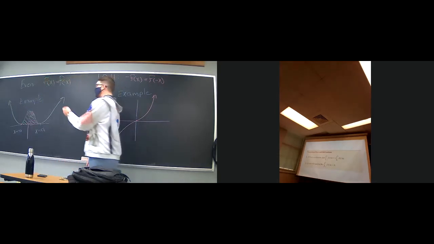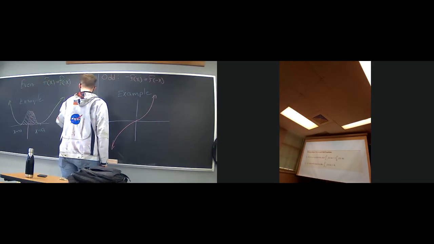We could consider just this part here and multiply it by 2, right? So because of that, given an even function, the integral from negative a to a of an even function is equal to 2 times the integral from 0 to a of that same function.